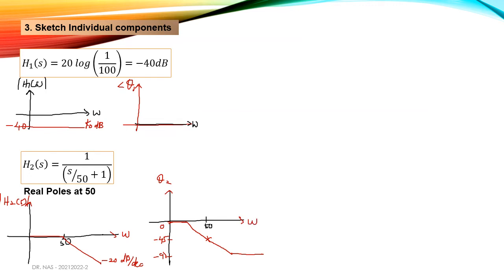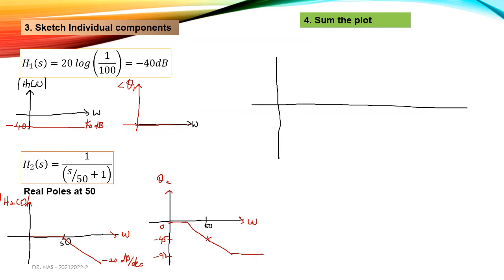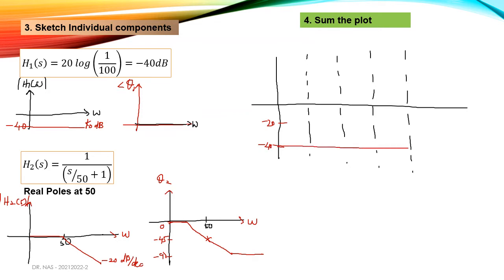Finally, you need to sum the plot. In order to sum the plot, you need to combine all the sketches inside one graph. This is for the magnitude plot. You can break the section into decades. Start with the constant, you have negative 40 dB. Here is negative 20, here is negative 40, so you have a negative 40 dB line.